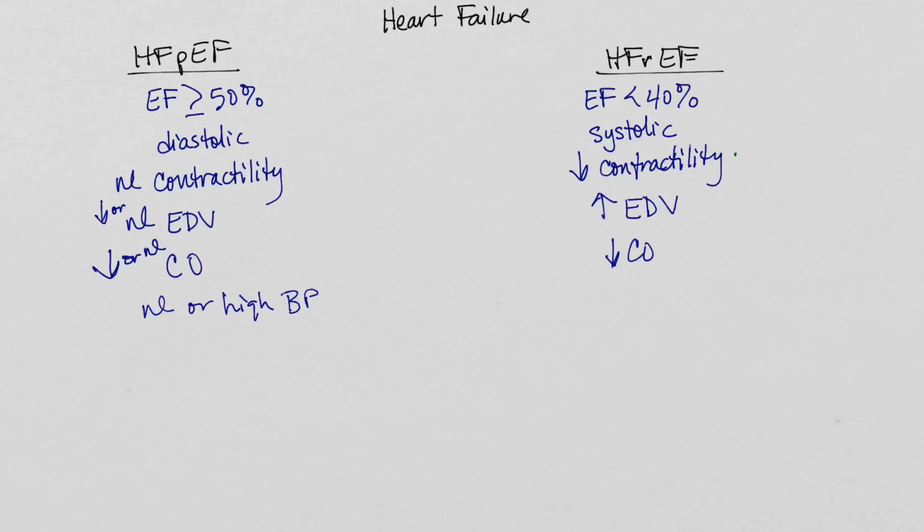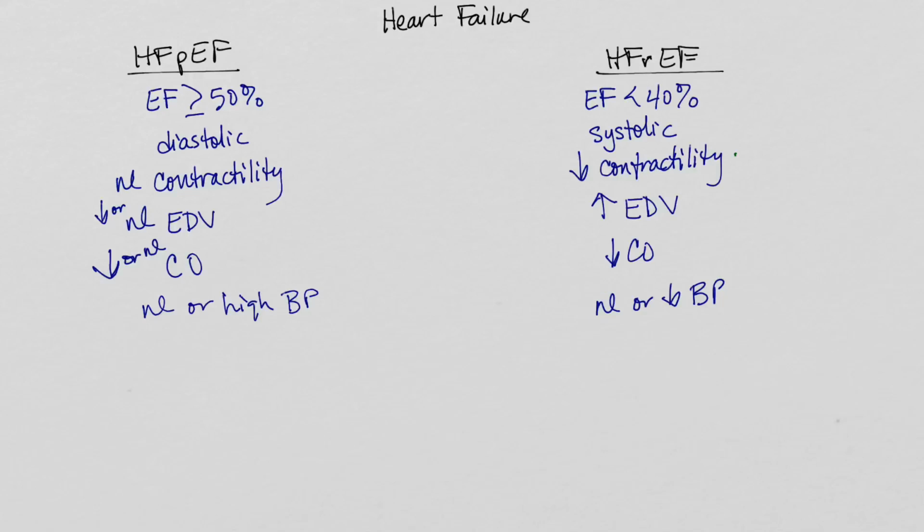Whereas in patients with heart failure with reduced ejection fraction, they often will have a normal, even quite low blood pressure. And that's because they just don't have enough cardiac output to maintain that mean arterial pressure. So these patients often live at a blood pressure that can be even in the 90s over 60s, depending on how low the EF is.